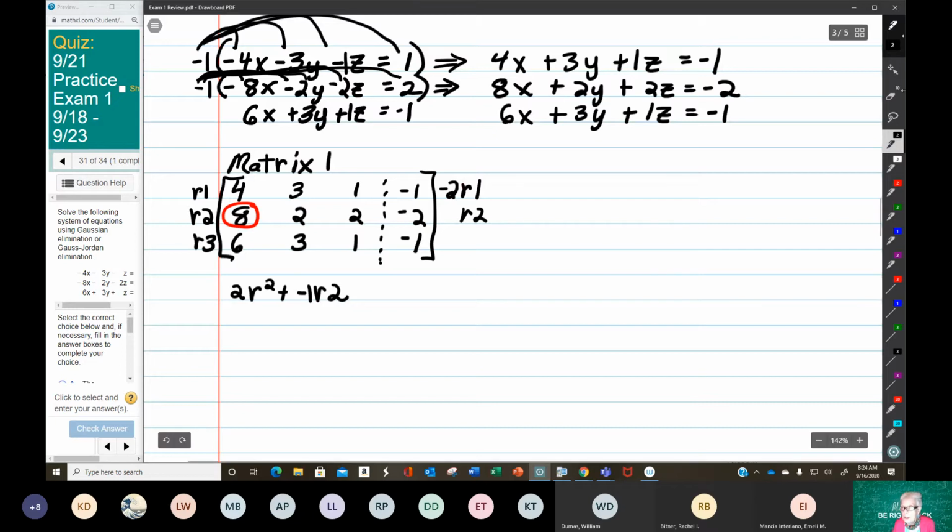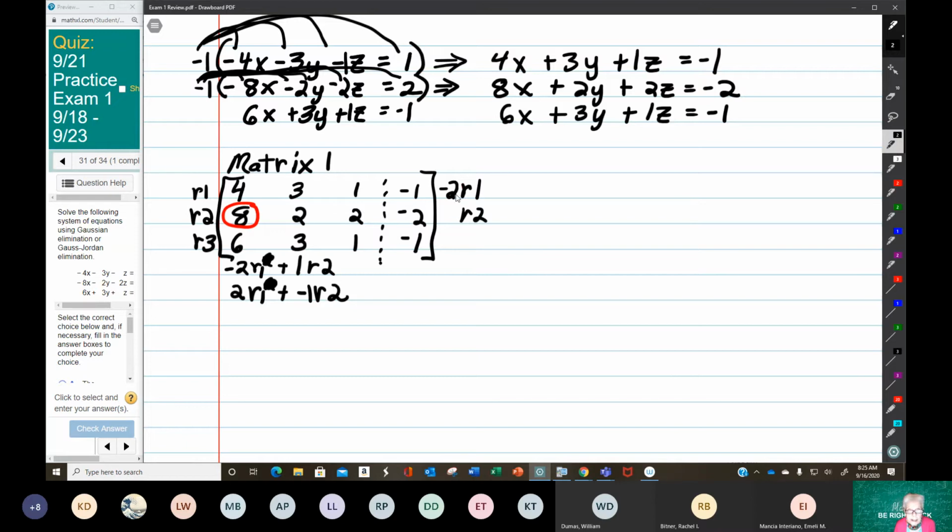But okay, what I chose to do is to take -2 times row 1 and add it to just row 2, or 1 times row 2. There are some computer programs and calculator programs that require you to put a 1 in front of a row when you're not going to change it.